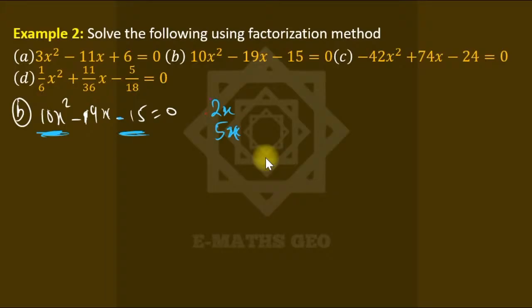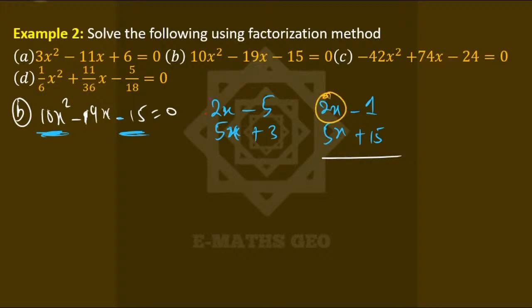Now, remember I said something. Assuming I take negative 1 and 15, let me leave the first one and do the second one.